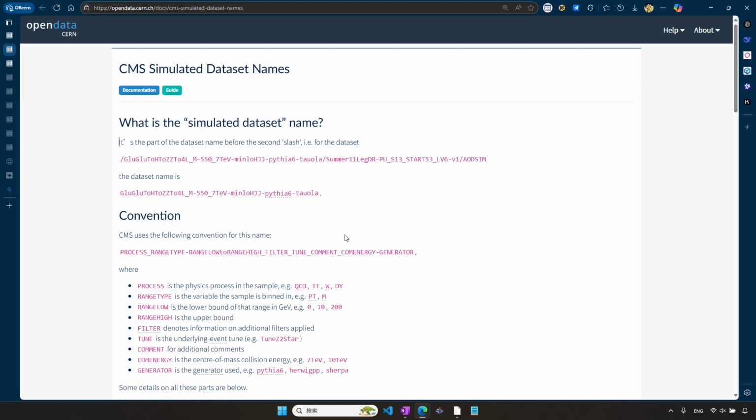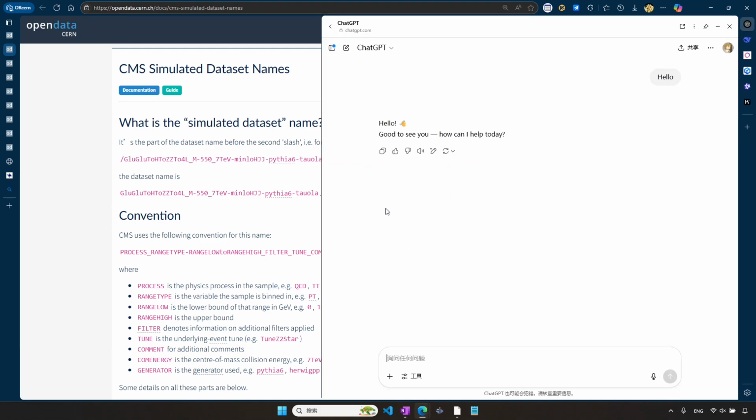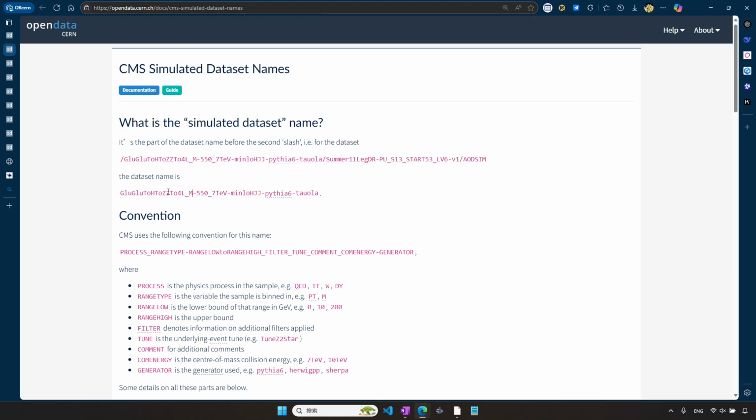If we don't have much experience, we can use AI to understand the information of the name. This is because the AI has been trained with a lot of public data. For example, we can use ChatGPT to seek the meaning of this file name.